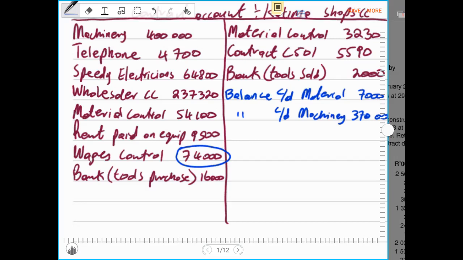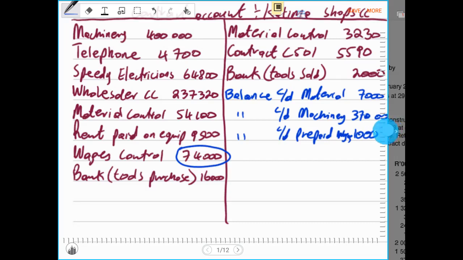So the debit side of the contract account is overstated by 1,000, therefore it must be reduced by prepaid wages of 1,000 on the credit side. That is why we record 1,000 on the credit side, and the contract entry becomes prepaid wages. That will be the balance carried down for prepaid wages.